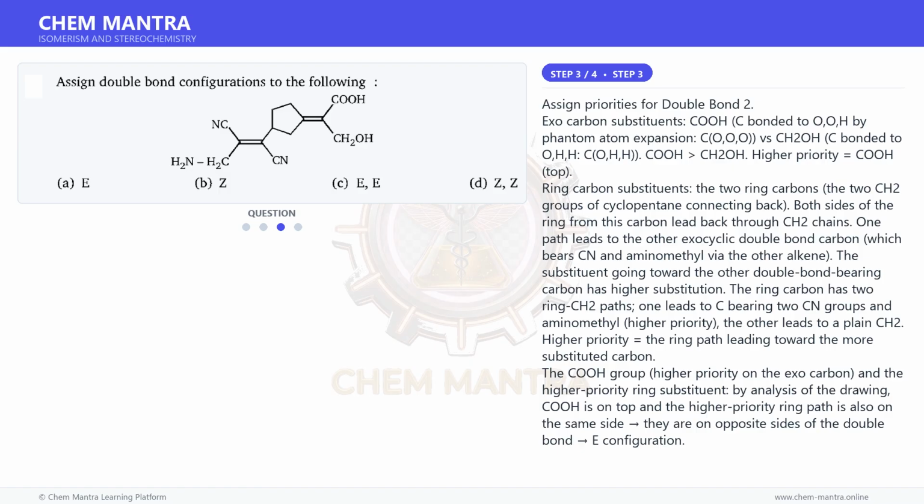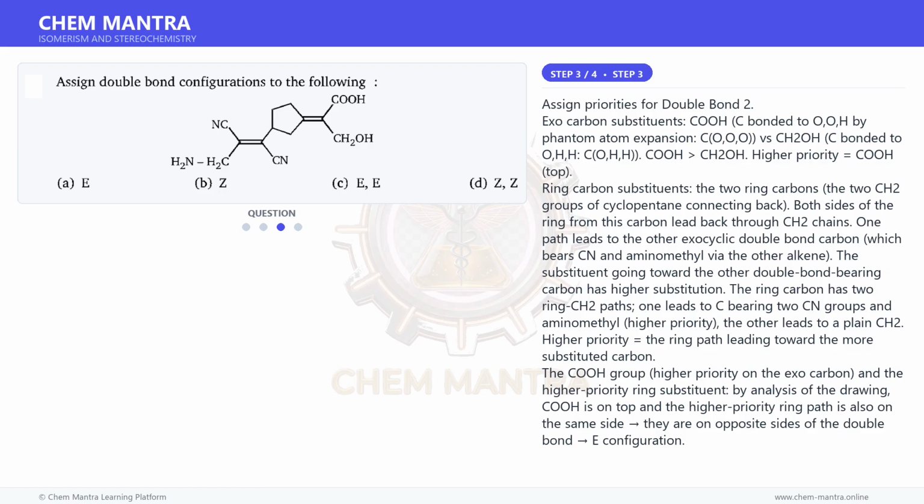Ring carbon substituents: the two ring carbons, the two CH2 groups of cyclopentane connecting back. Both sides of the ring from this carbon lead back through CH2 chains. One path leads to the other exocyclic double bond carbon, which bears CN and aminomethyl via the other alkene.